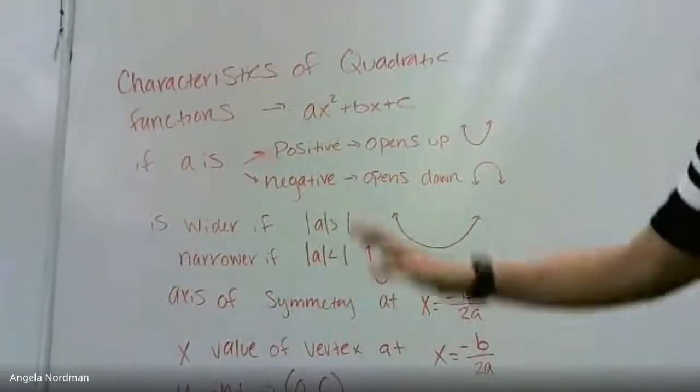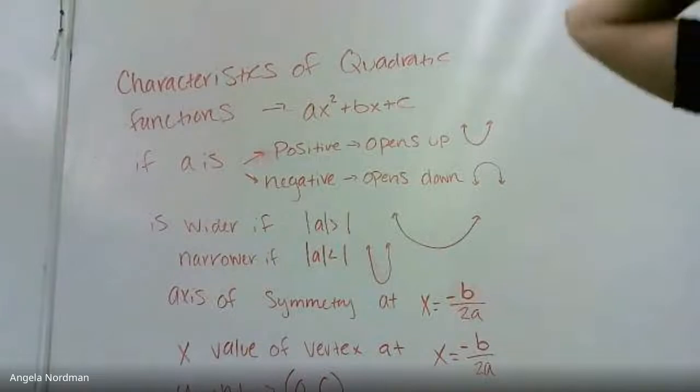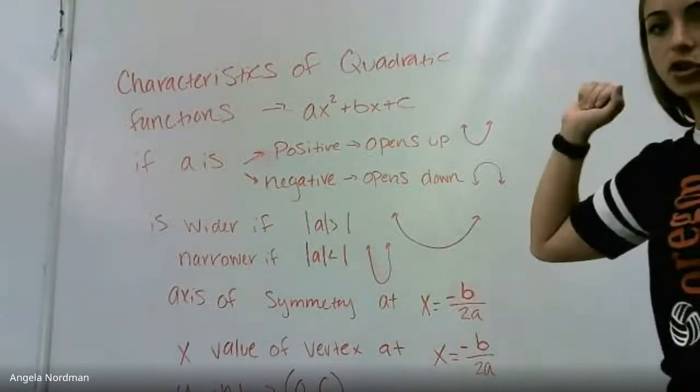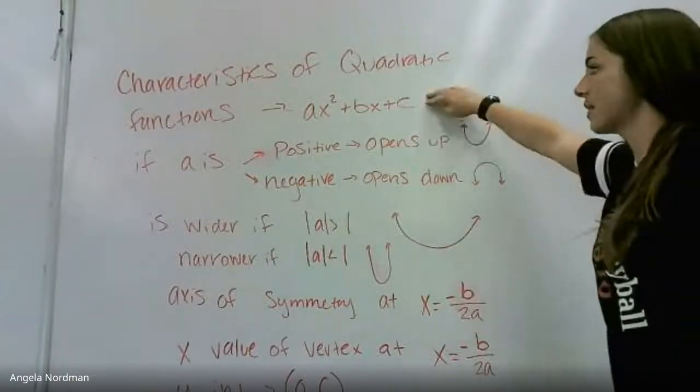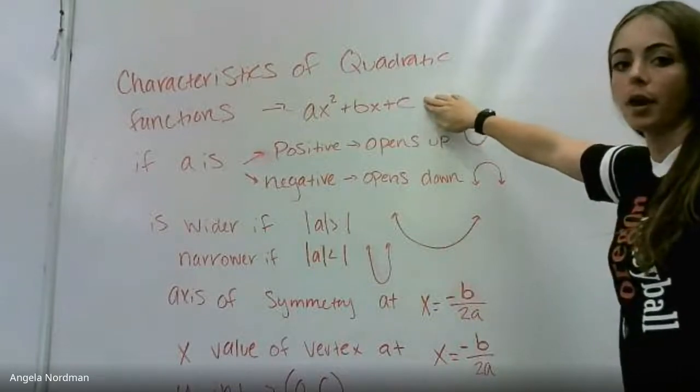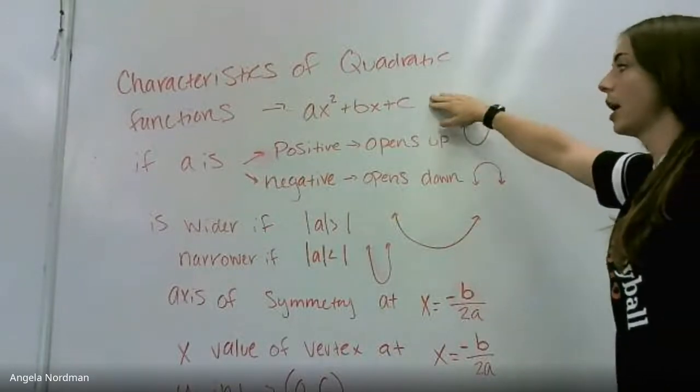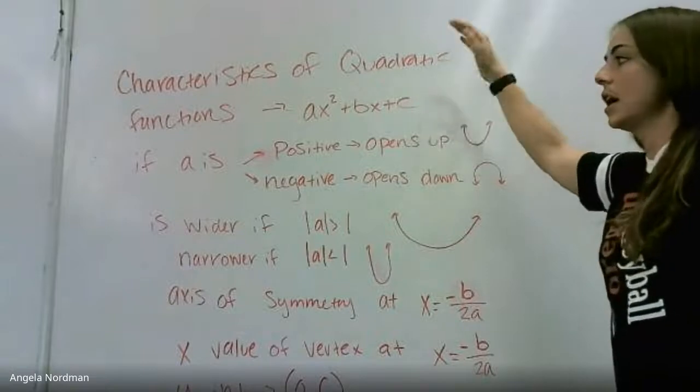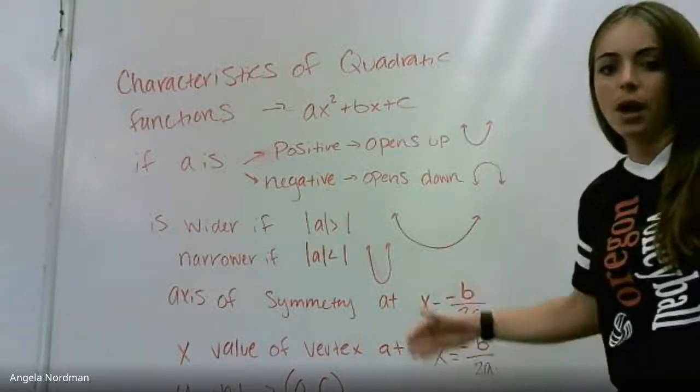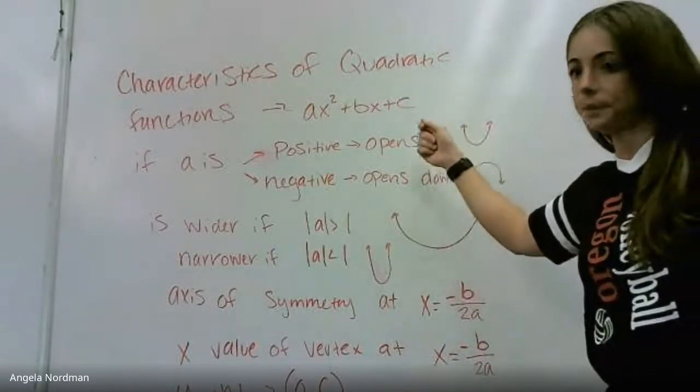So first off, up at the top, some characteristics of quadratic functions. The first thing is they take this standard form of, again, what we said over there, ax squared plus bx plus c. All of the following are true when we're working with standard form.